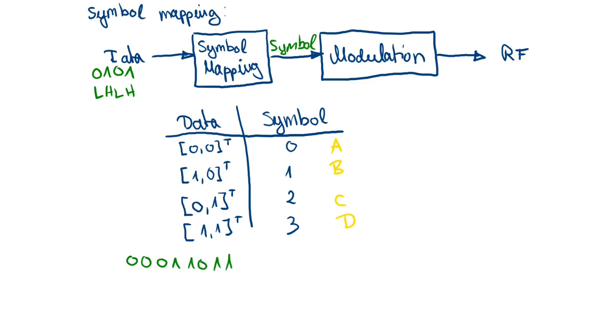Then this data stream is divided into chunks of 2 bits, and a symbol is then assigned. Yeah, so what's important here is the notation. So this is the least significant bit, and here is the most significant bit. Whereas in this notation, yeah, it's 2.